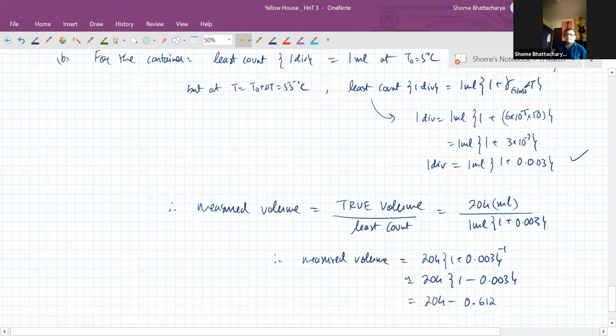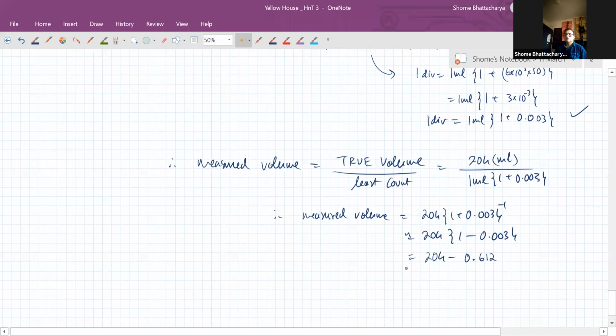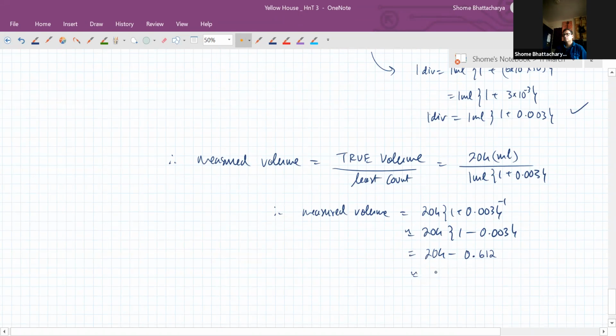Right. So this becomes... so this is the measured volume. Let's say V prime is the measured volume.